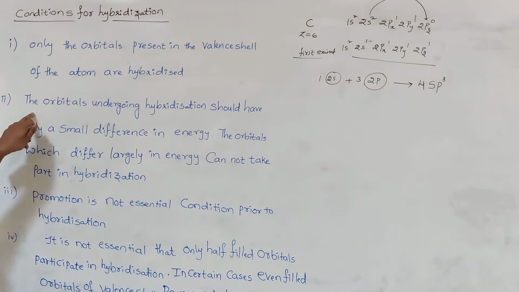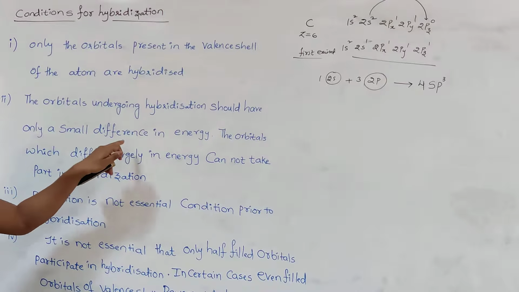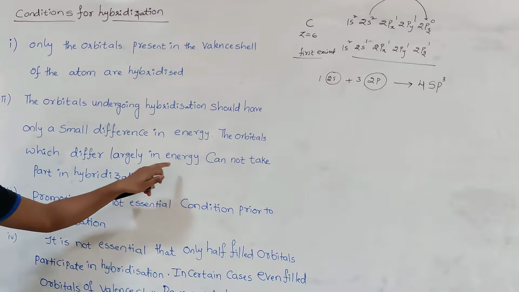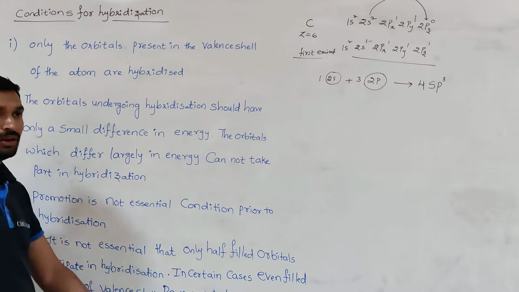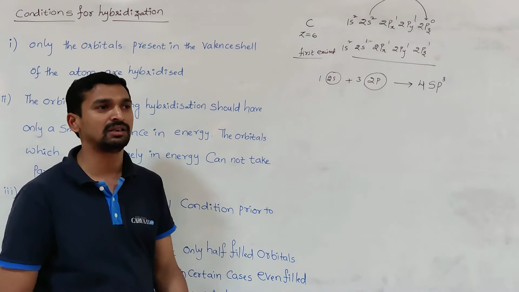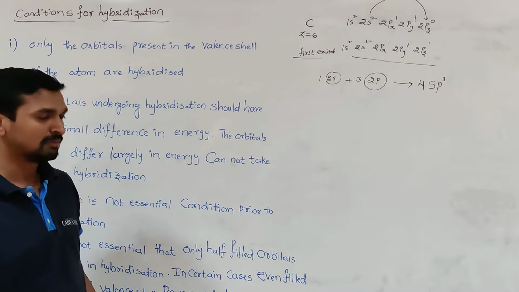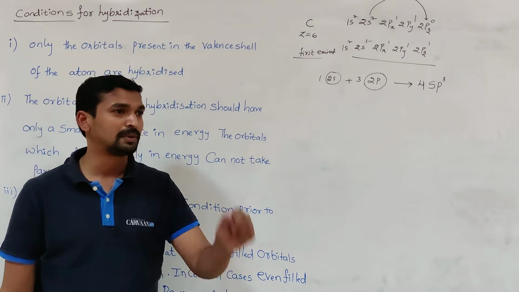Second point, the orbitals undergoing hybridization should have only a small difference in energy. The orbitals which differ largely in energy cannot take part in hybridization. So how should I know whether they differ in energy by a large or small quantity? It is very easy to predict, because the energy depends upon the principal shell.